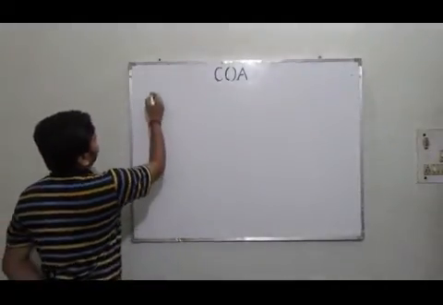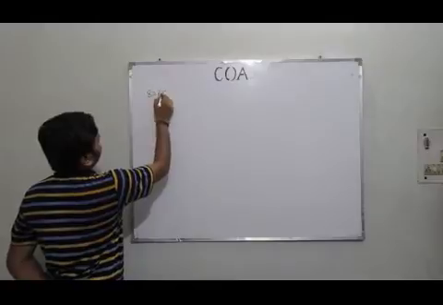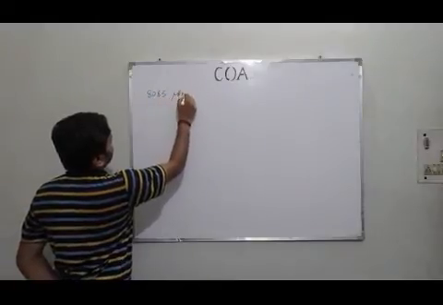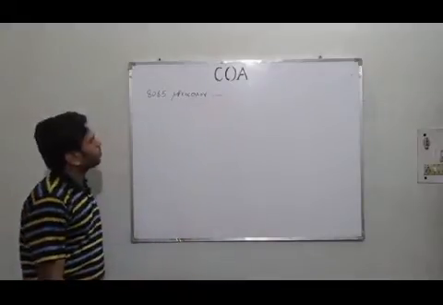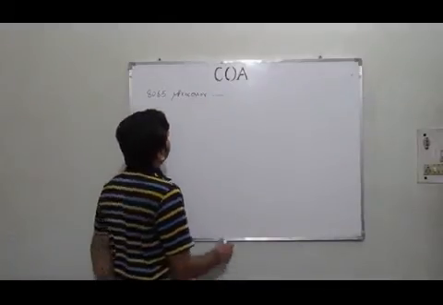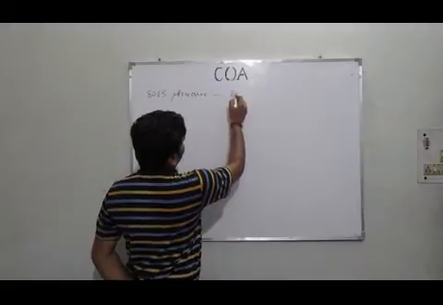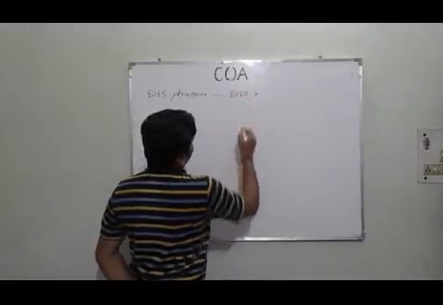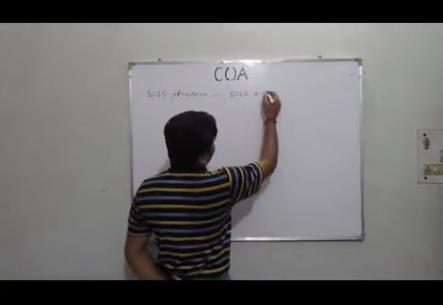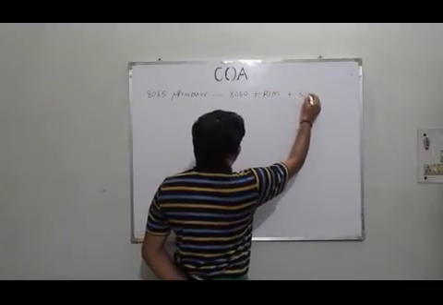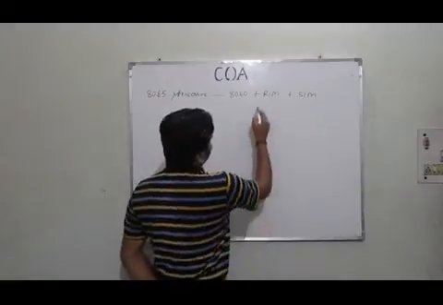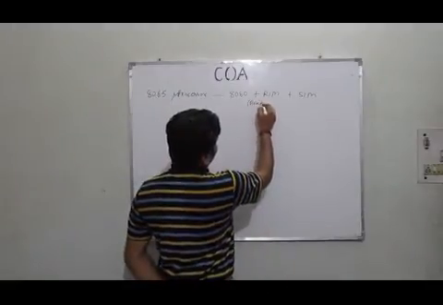The 8085 microprocessor is the series that we have to work on. It is made up of the 8080 microprocessor along with two very important instructions. One is RIM, that is, read interrupt mask.